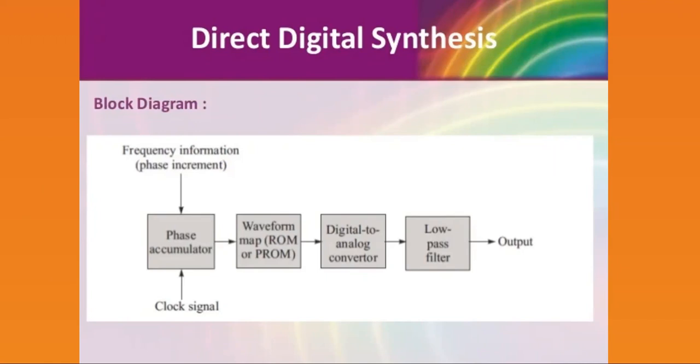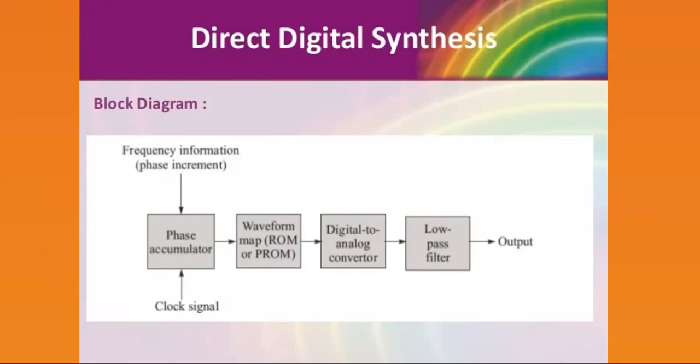Because I've got a table that has all the values for the sine wave in one cycle, for essentially every degree or however many steps that you want to divide it up into. And if I was generating a 1 megahertz sine wave, I might be clocking that phase accumulator at, I don't know, 10, 20, 50 times that in order to get a nice, smooth sine wave.